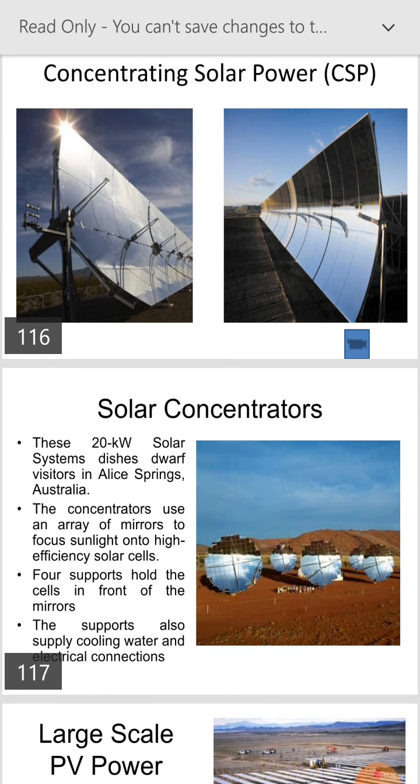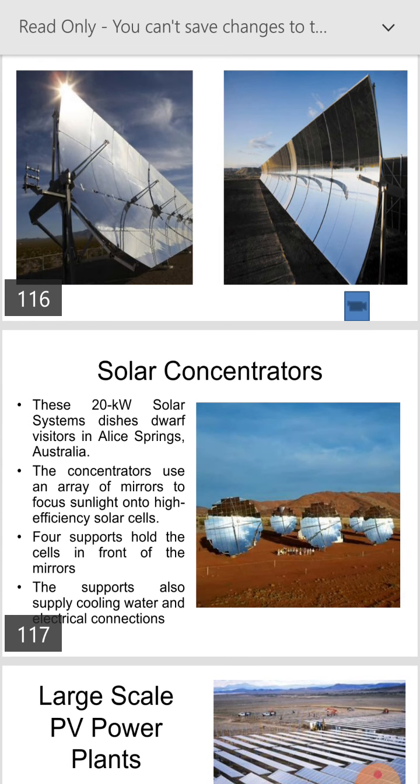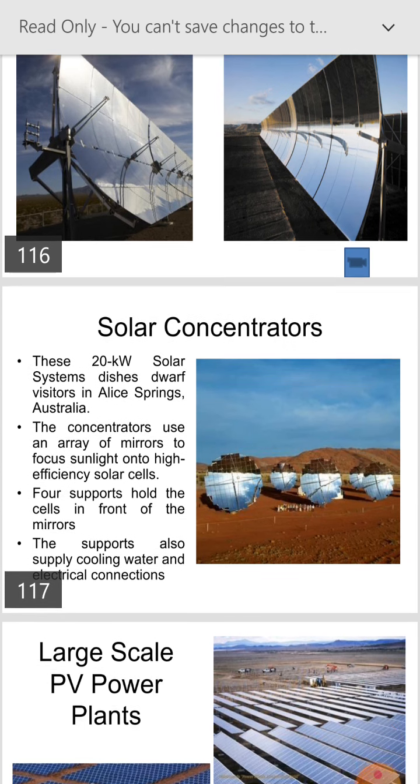Solar concentration: this 20 kilowatt solar dish system is in Alice Springs, Australia. The concentrator uses an array of mirrors to focus sunlight onto a high efficiency solar cell. Four supports hold the cell in front of the mirrors. The supports also supply cooling water and electrical connection.